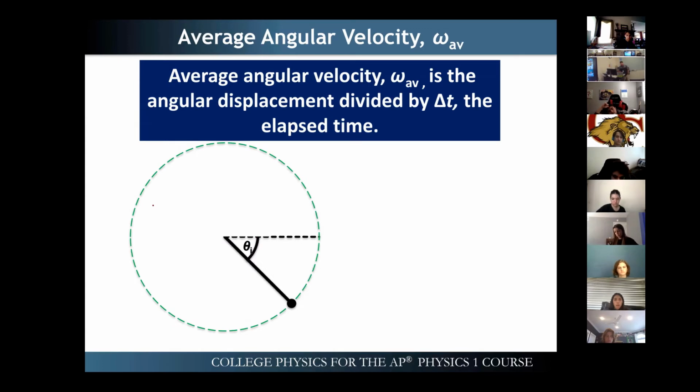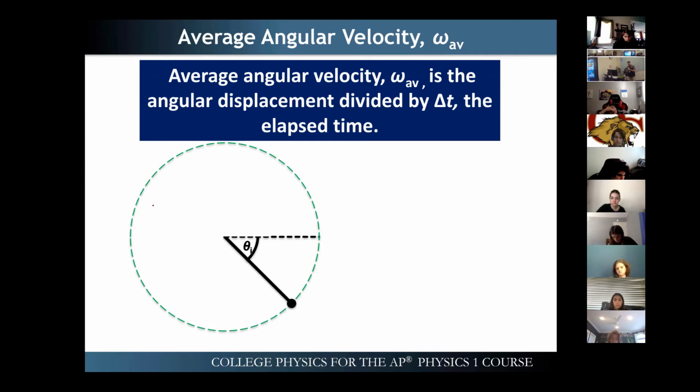All right, let's move on to angular velocity. So again, this is that omega symbol, that funky looking W. The average angular velocity is the angular displacement divided by time. So that's the same definition as translational in terms of it is displacement over time.